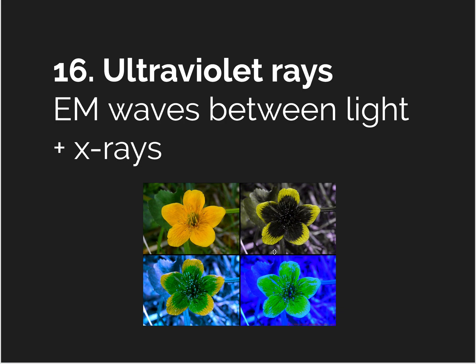Over here is a different part of the UV spectrum. So when you take an image with UV light, you can see these different things. The interesting thing is bees and insects can see, we believe, in UV light. So they not only see in part of the visible light spectrum, they can also see in this spectrum that we can't see, which is called ultraviolet.